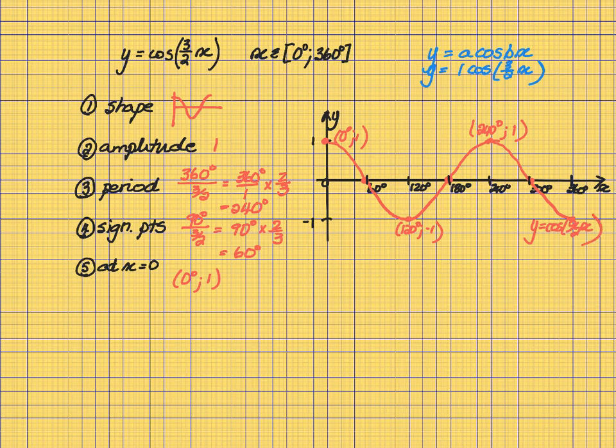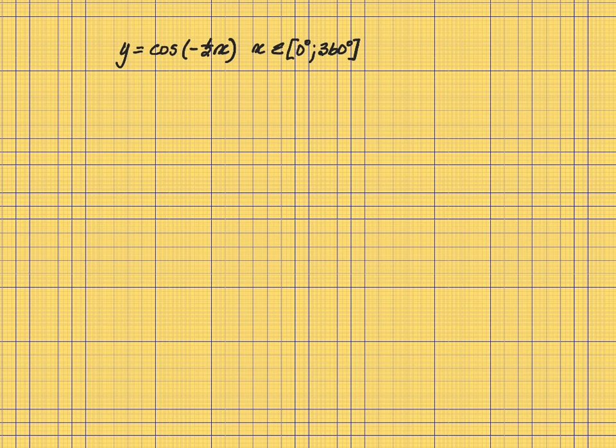Okay, that wasn't too bad. Okay, this graph is one that often catches people out. The function is y is equal to cos of -1/2x. In your investigation of y is equal to a cos bx, you discovered that when b was negative, there wasn't any reflection.